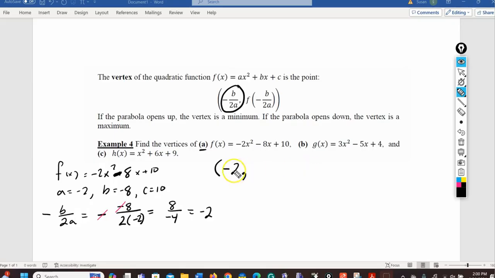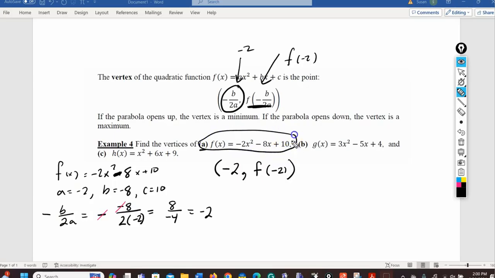Now what is the y coordinate? The y coordinate is f of the x coordinate. Right, so that's -2. And so my y coordinate is going to be f of -2. And so that's what we have to find next. So what is f evaluated at -2?